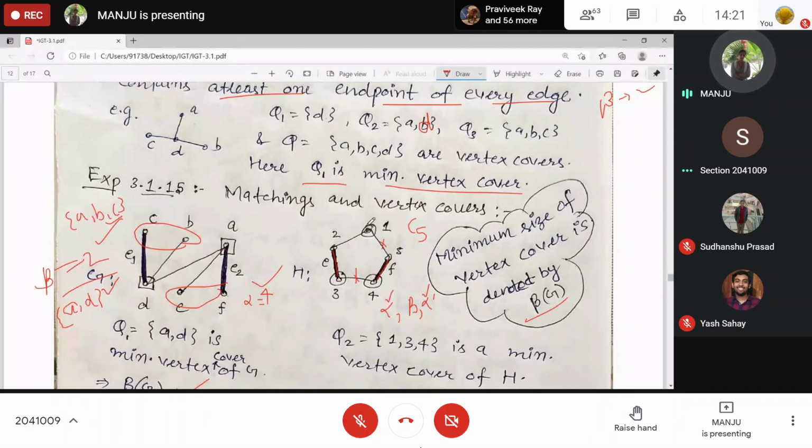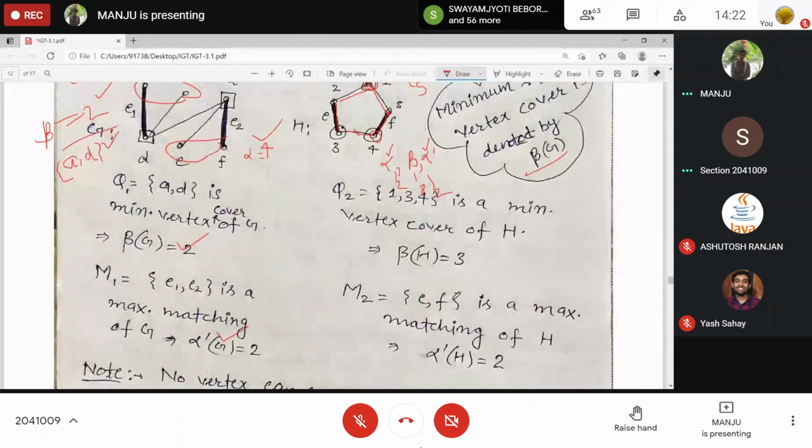Can you cover all the edges by one vertex? No, ma'am, 3. This vertex is covering these two. Then you can take this vertex. This is covering these two. This one is left, right? So either you can take this one or this one. The minimum, how many? 3. This is 3. This is 2. This is 2. Okay?